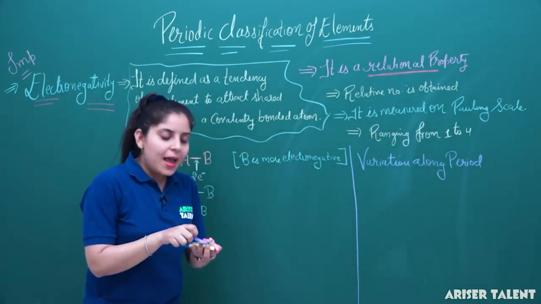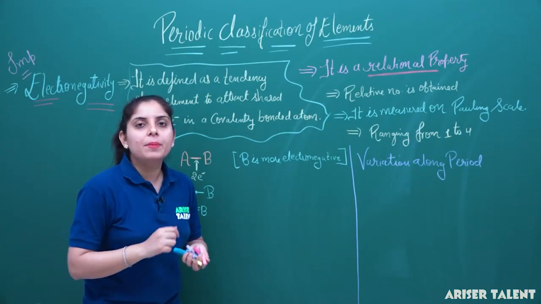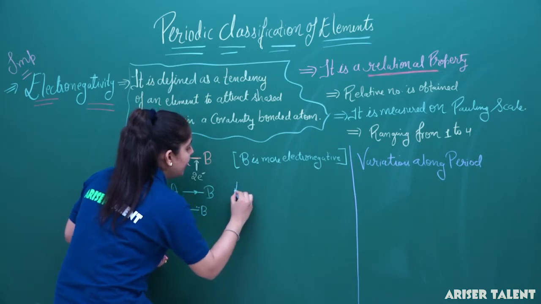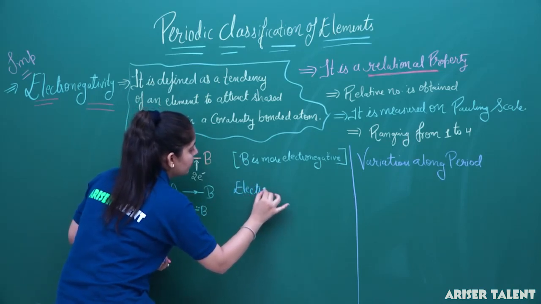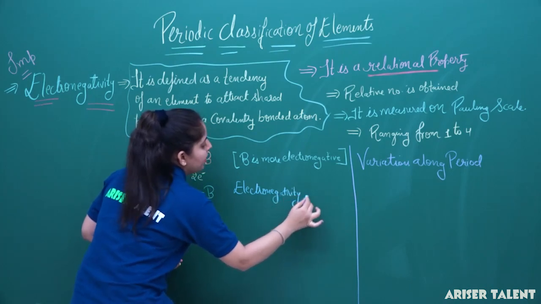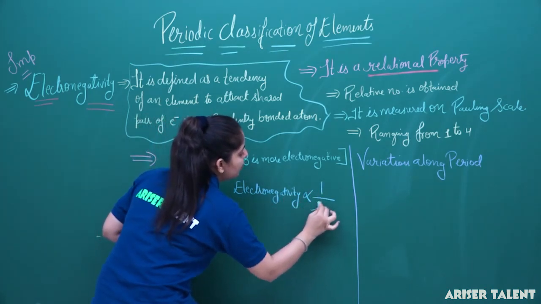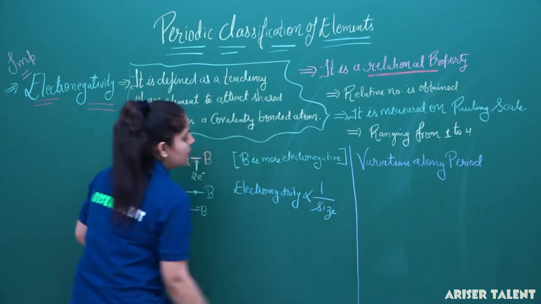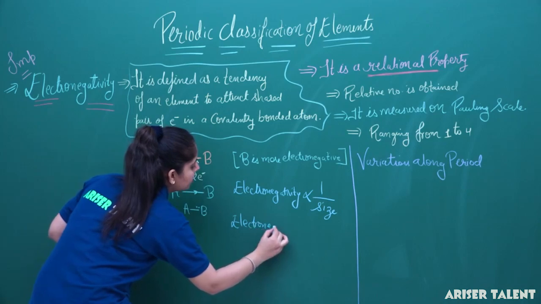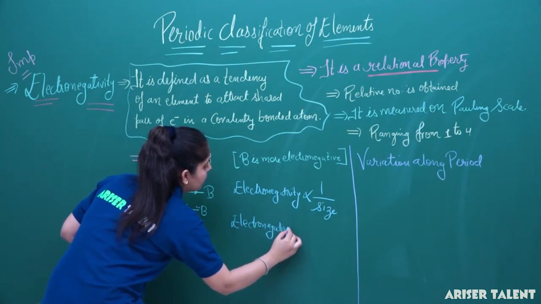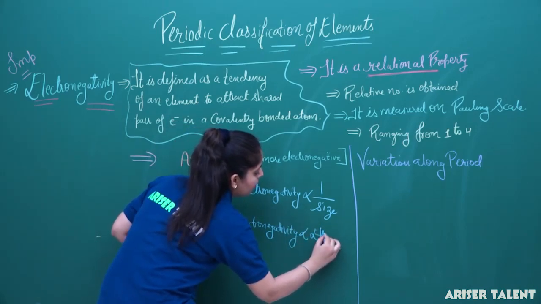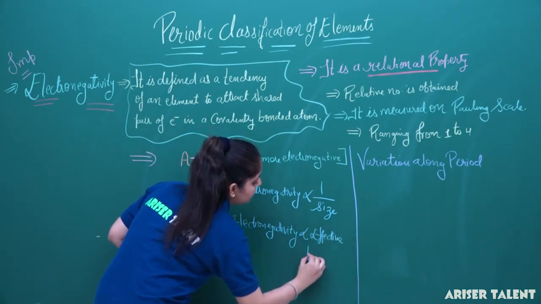Now, what will happen in case of variation along the period? Firstly, we will consider that electronegativity is inversely proportional to size, and electronegativity is directly proportional to effective nuclear charge.